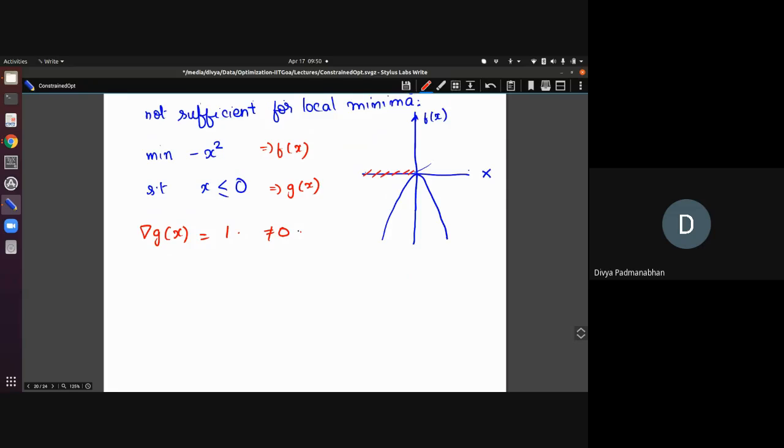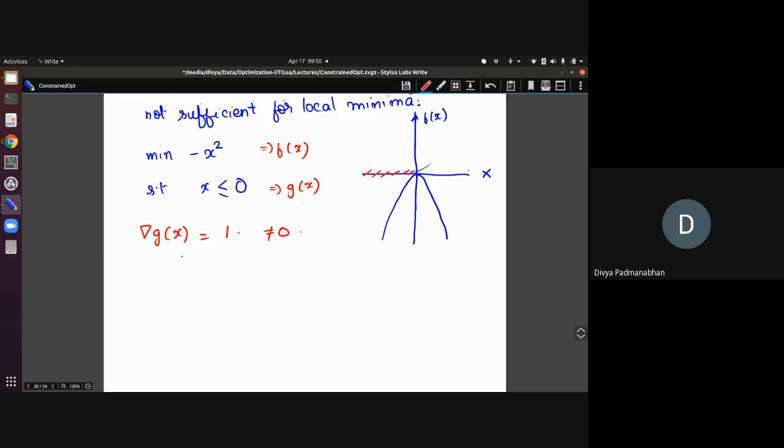If there is only one vector, as long as you don't get the 0 vector, it is linearly independent anyway. So any point you take in this feasible region is a regular point. The optimum is also a regular point.